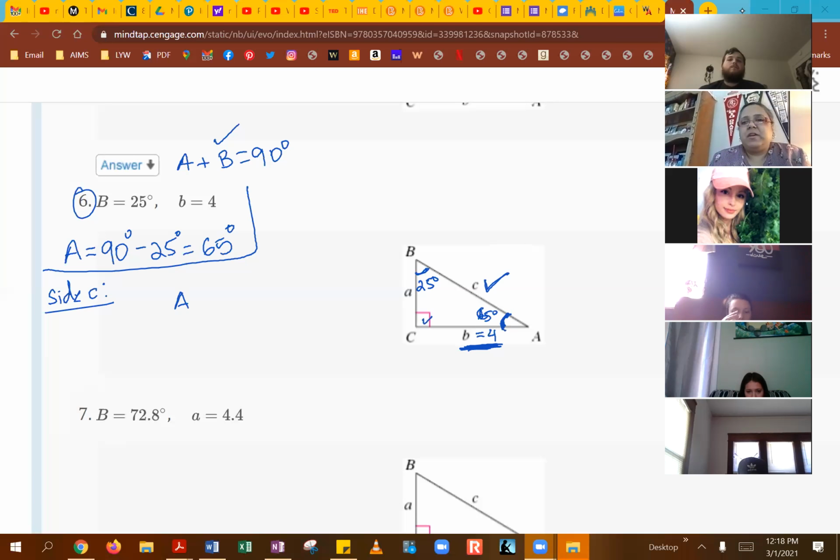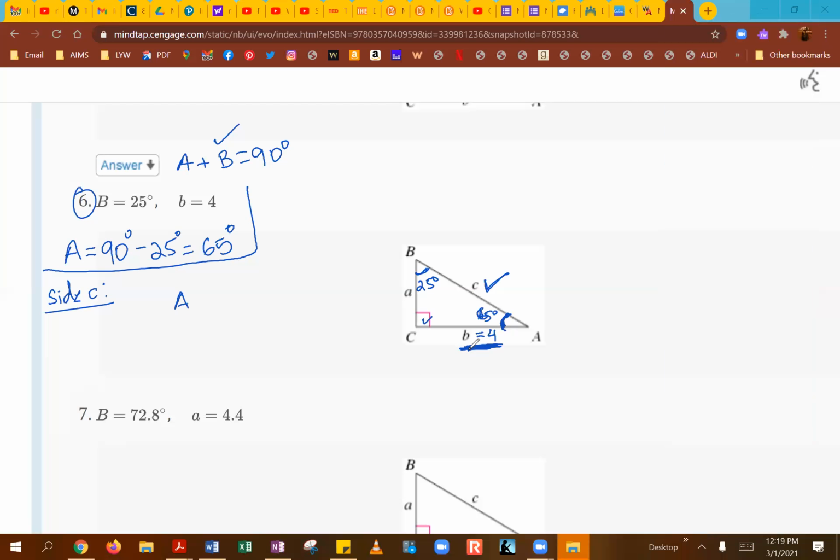And Abdul Aziz, why are you using cosine? Yeah, because if you look with respect to angle A, side B is our adjacent side, side C is the hypotenuse.